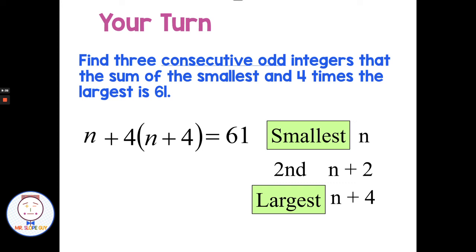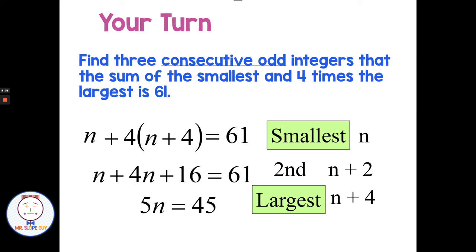Then we can distribute the 4, 4n plus 16, combine like terms, subtract 16 from each side, divide by 5, and n is 9. So if my smallest number is 9, 9 plus 2 is 11, and 9 plus 4 is 13. My numbers are 9, 11, and 13.